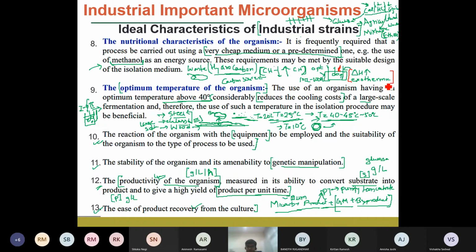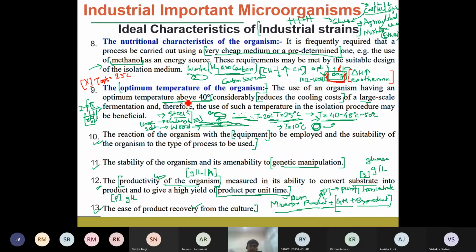Generally it's an exothermic reaction. Whenever you are growing the biomass at a very high cell concentration, a lot of heat is generated. For example, if the optimal temperature for the growth of microorganisms is 25 degrees, in the bioreactor you need to supply cold jacketed water to maintain a constant temperature of 25 degrees.